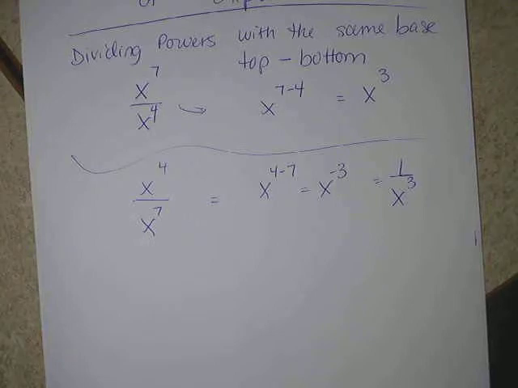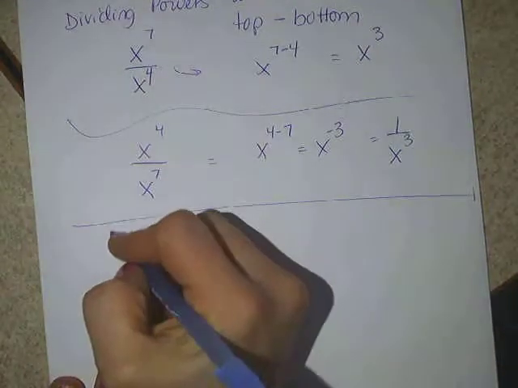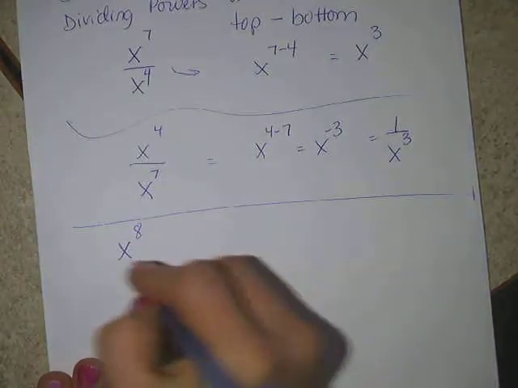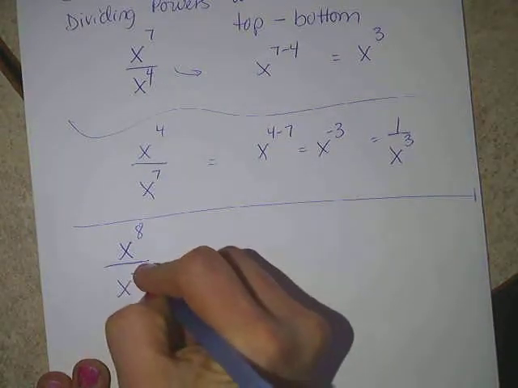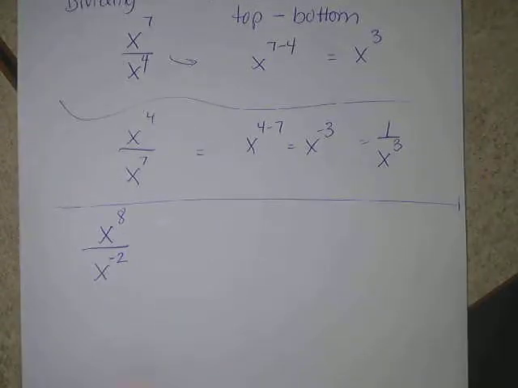Okay. Now, where it gets a little tricky, you have to be comfortable with your positives and negatives, right, Tino? Is if something is already negative, then you have to work with adding or subtracting those. So say I had x to the 8th over x to the negative 2.